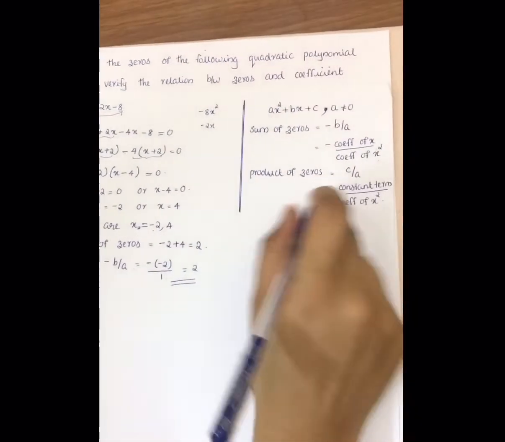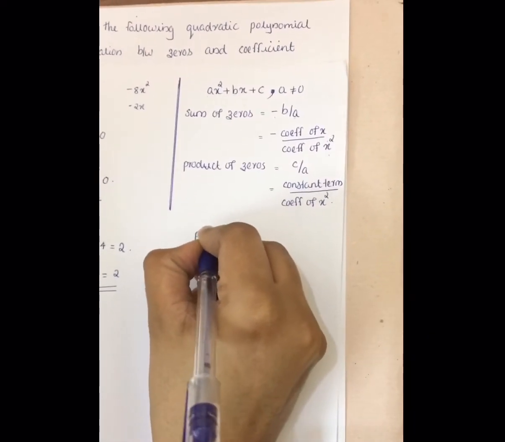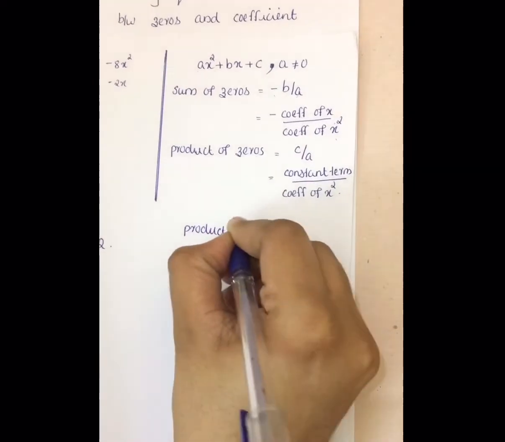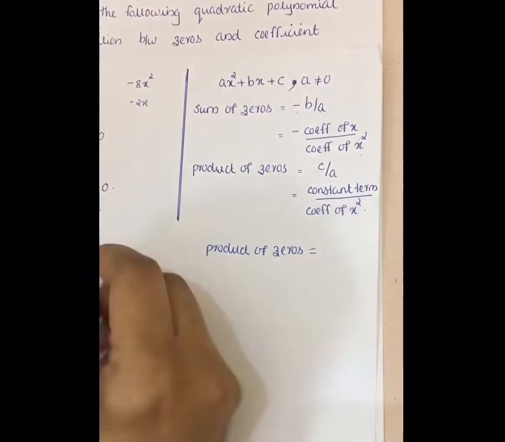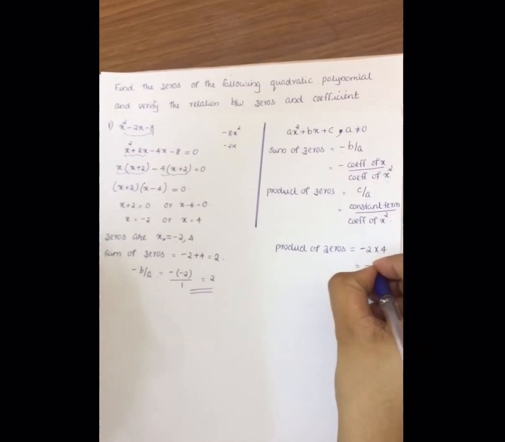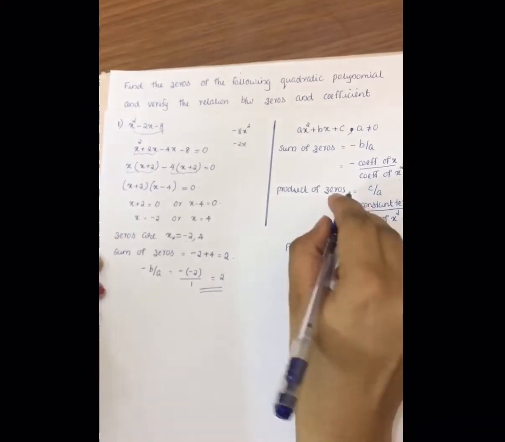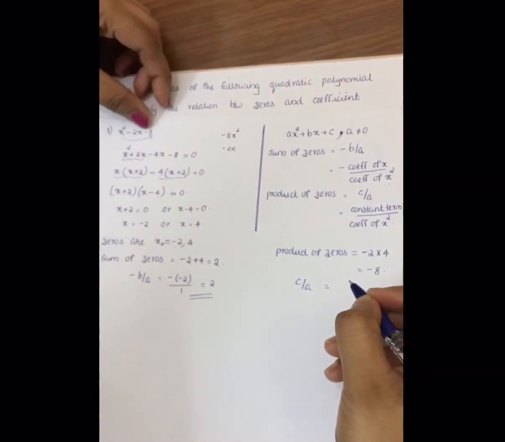Now the product of zeros. The product of zeros is minus 2 into 4, which is equal to minus 8. Now the term is c by a, that is the constant term.